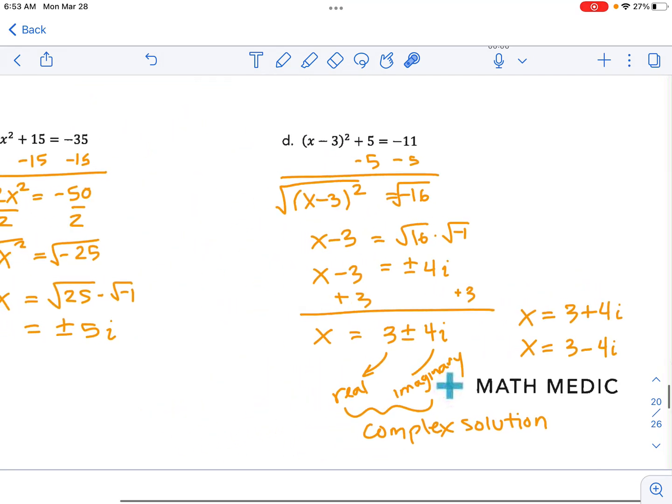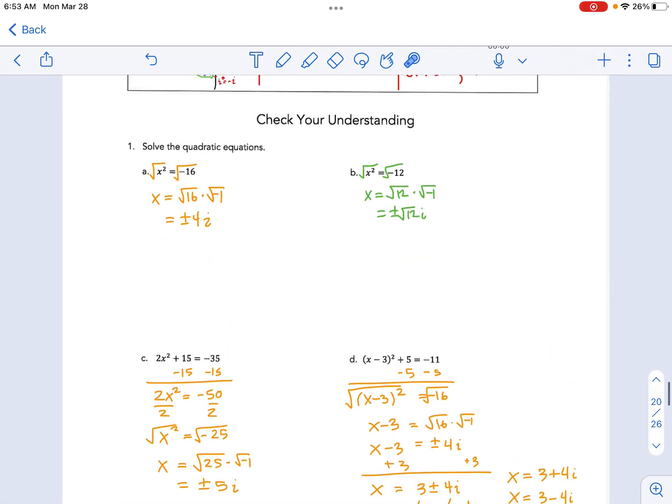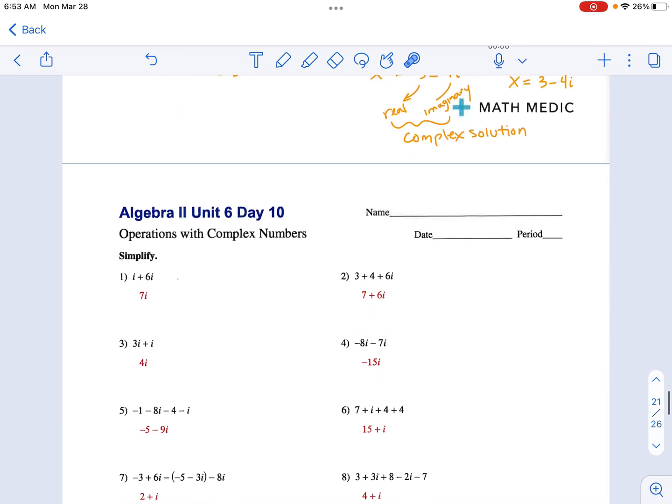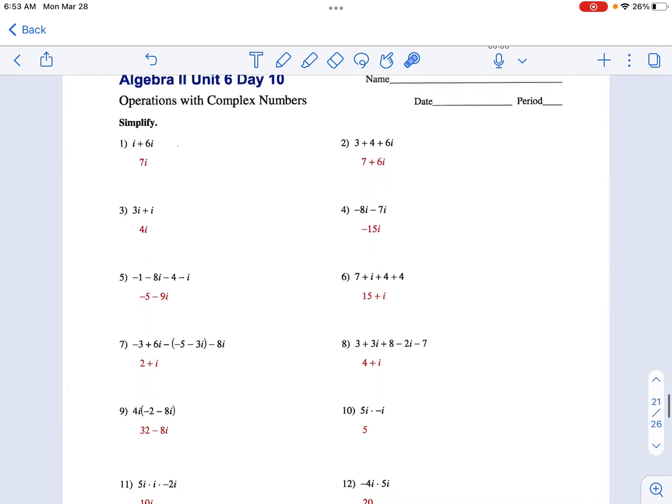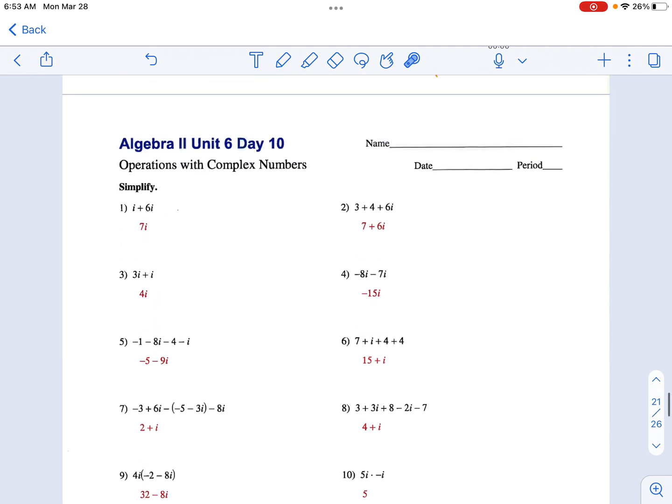That's where we get that plus minus pattern emerging. And so going forward, you might be able to anticipate this. This is going to become a component of the quadratic formula that we're going to be encountering in, I think, day 11. Okay, so now that we've done that, check your understanding, go ahead, and I've got the answers here in red, but go ahead and try these algebraic operations.